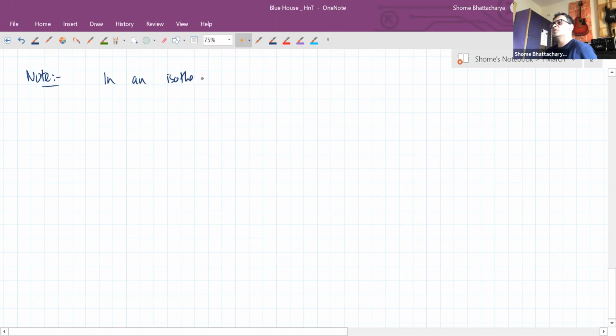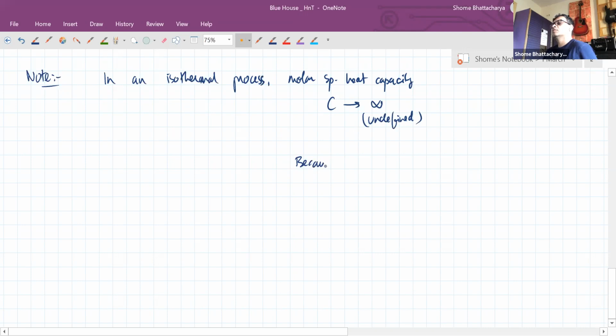In an isothermal process, molar specific heat capacity C is undefined, because Q is non-zero, whereas delta T is zero. So C, which is Q upon n delta T, becomes undefined.